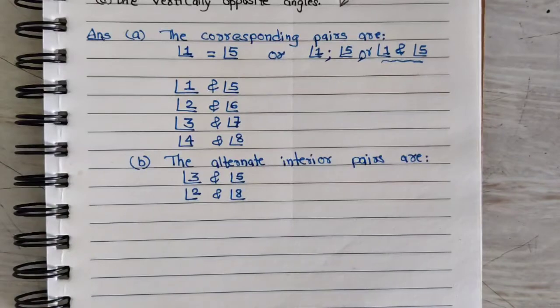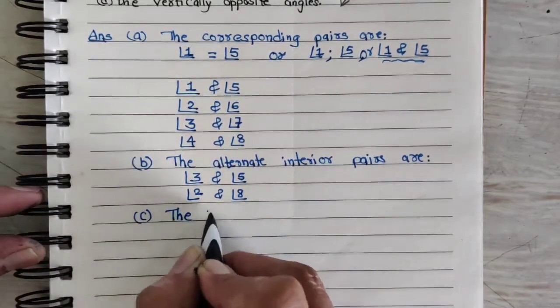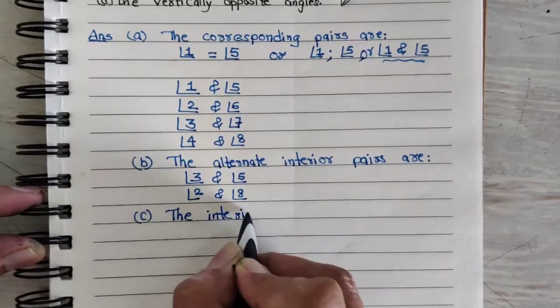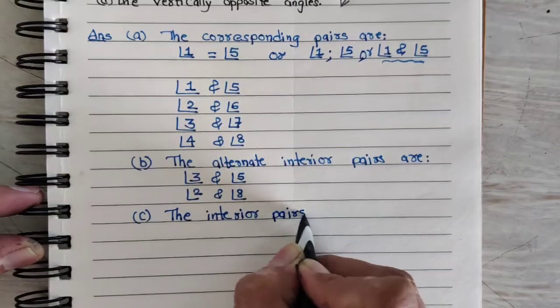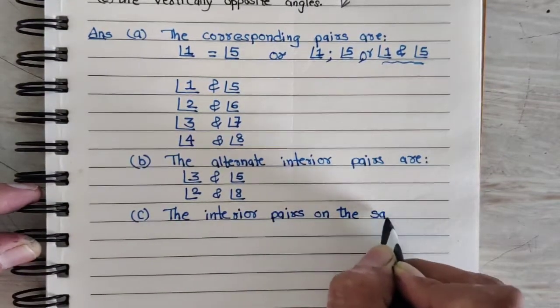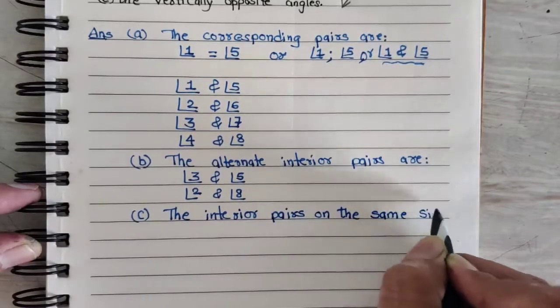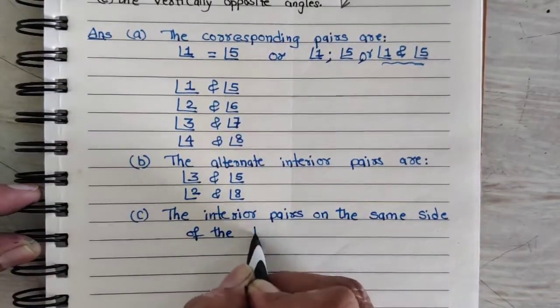That's answer C. Now we are going to write the interior pairs on the same side of the transversal are.